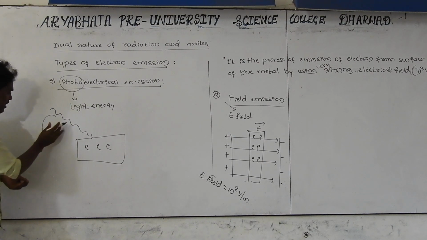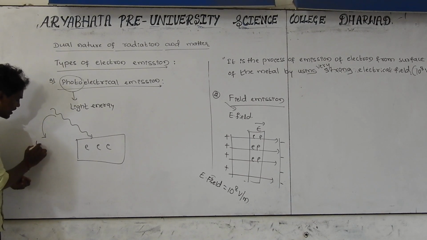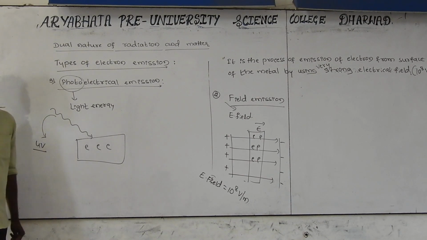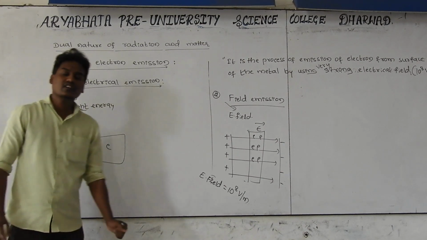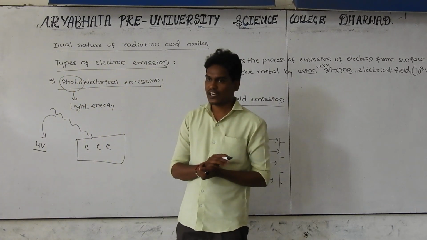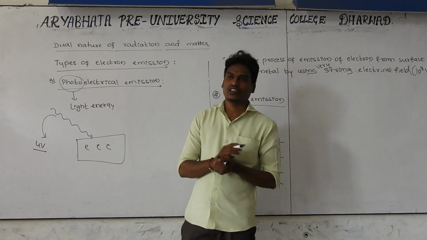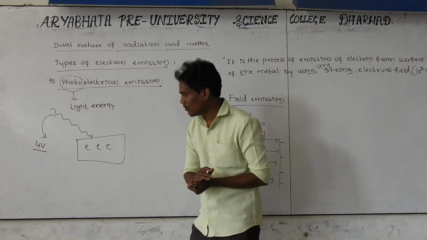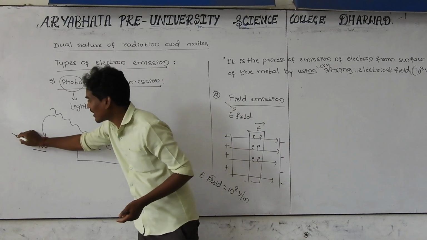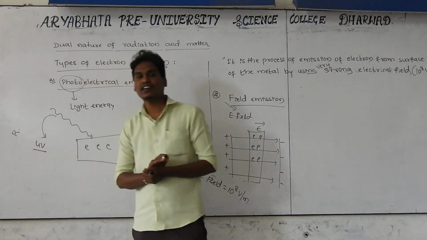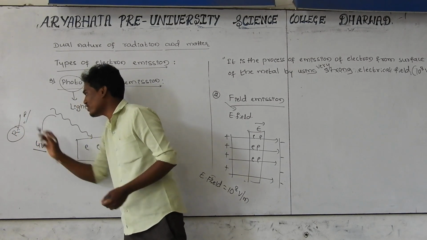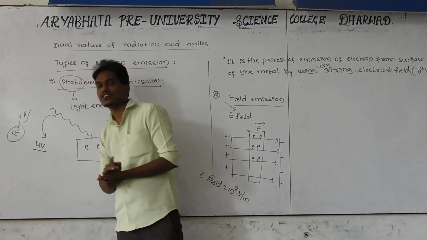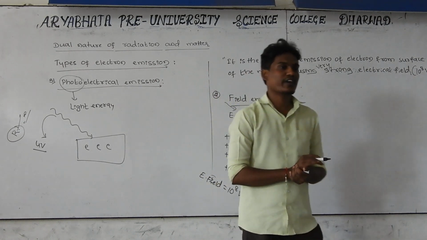For example, I am taking UV radiation, ultraviolet radiation, because as you know very well, UV light has high frequency, and high frequency means the light energy is more. If we use red light instead of UV light, its wavelength is highest but frequency is lowest, and lowest frequency means the energy of red light is very less.